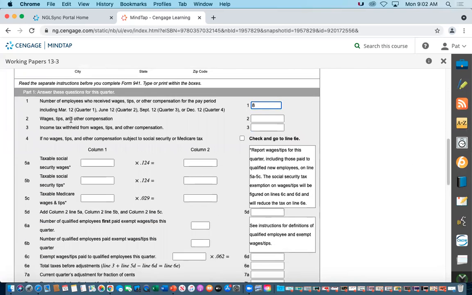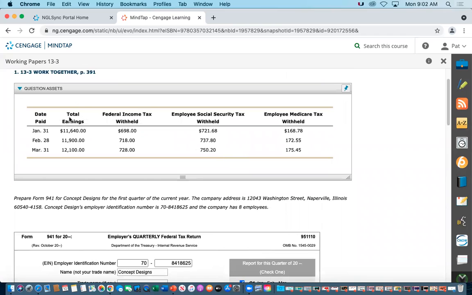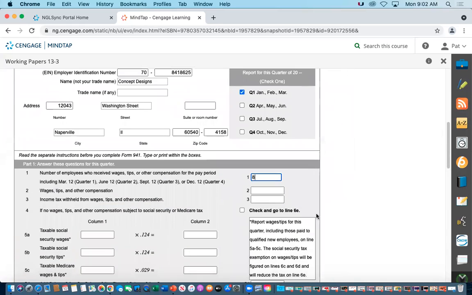Okay, wages, tips, other compensation. Up here, this is our total earnings, right? So when you take the calculator out and you type in 11,640 plus 11,900 plus 12,100, you get 35,640.